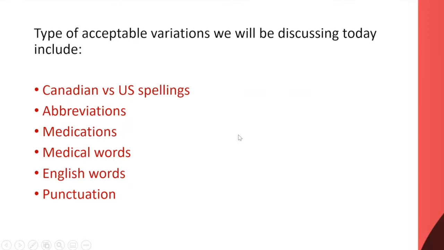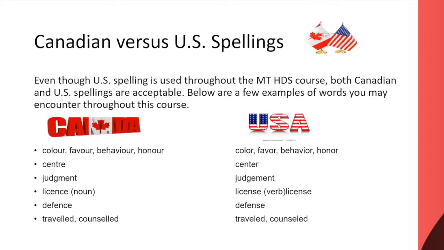So the types of acceptable variations we'll be discussing today include Canadian versus US spellings, abbreviations, medications, medical words, English words, and punctuation. Now, Canadian versus US spellings.